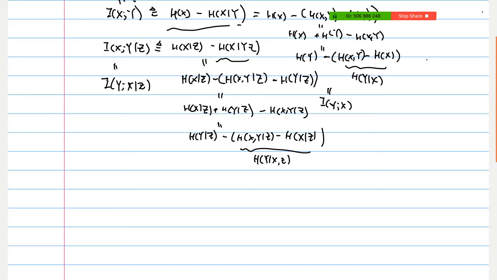It's similar to the above. This term is then I(Y;X given Z), right? That's the definition basically. So I think this definition is symmetric.